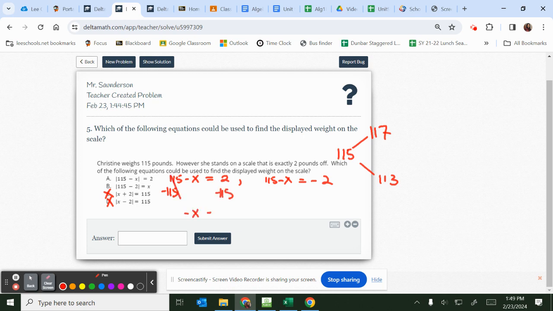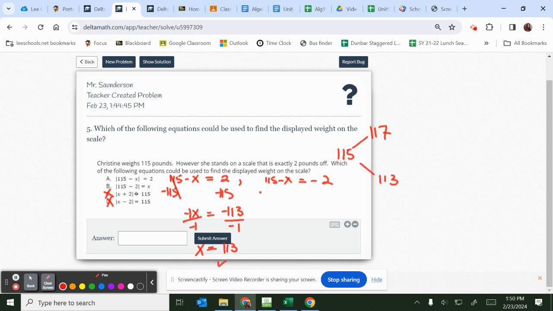We have negative x equal to 2 minus 115, which is negative 113. However, we want to find x, and in front of that x is a negative 1, so you would break up that multiplication by dividing by negative 1 on both sides. So your x is positive 113. That's good.